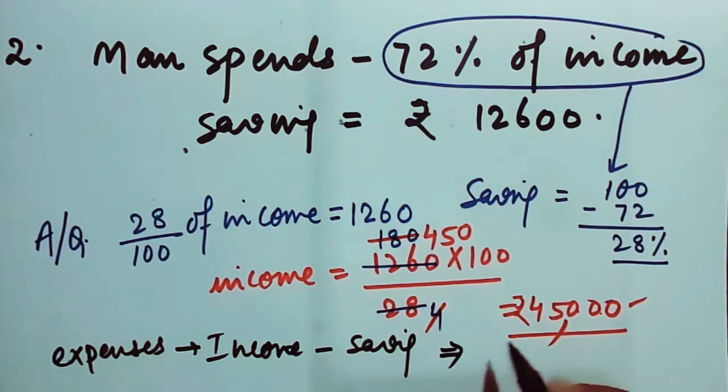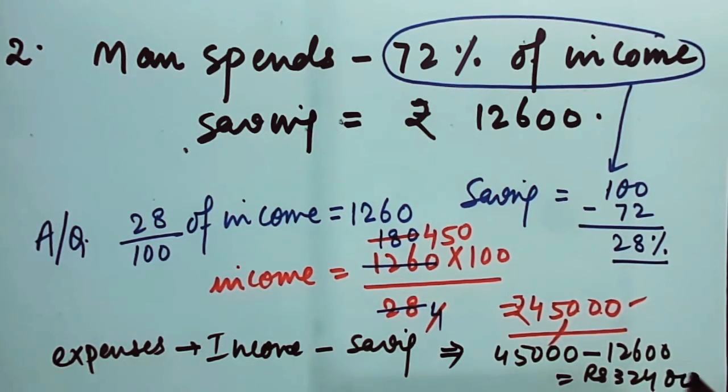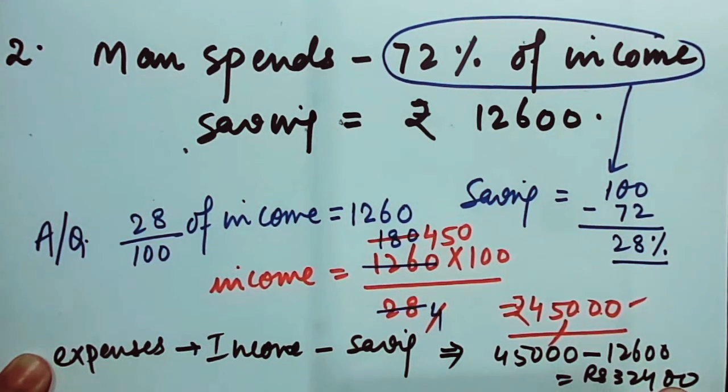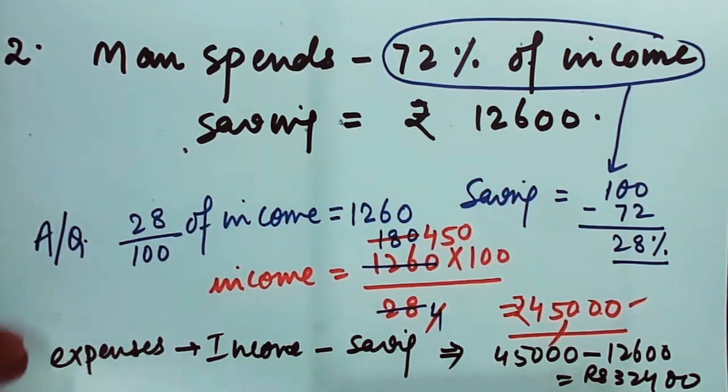His income was 45000 and his saving was 12600. Therefore his expenses will be 32400, which will be equal to rupees 32400, his expenses, which is equal to 72% of his income. है ना? चलिए, let's move on.